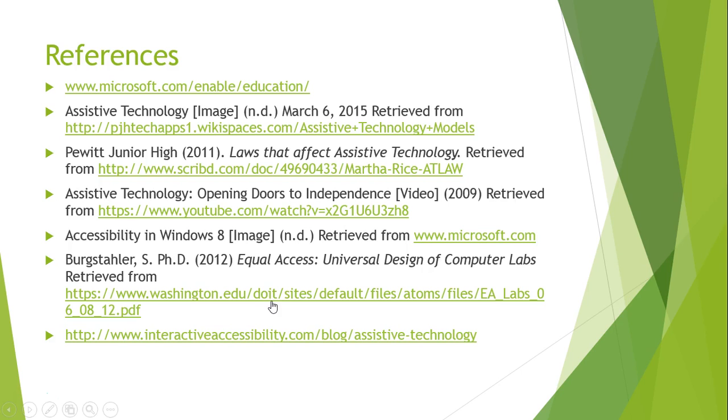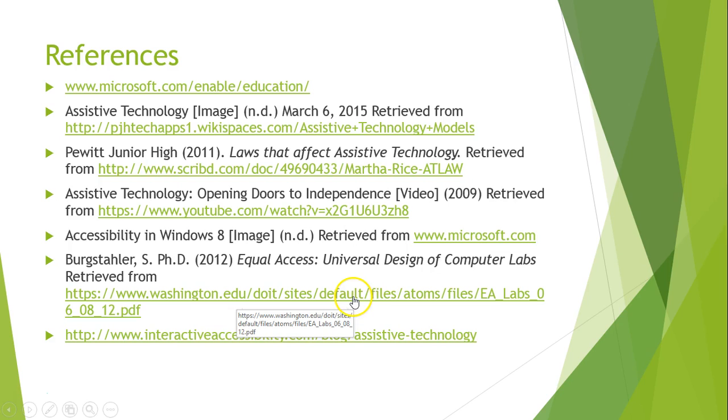Here are some references. If you need more information about assistive technology, there's information that can be found at Microsoft.com. There's more information that can be found regarding the different laws that affect assistive technology.